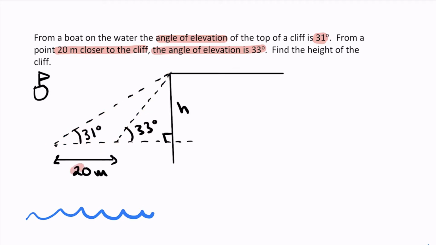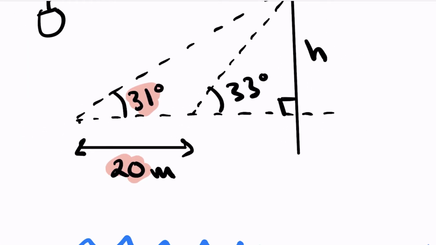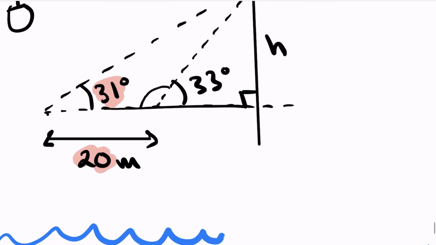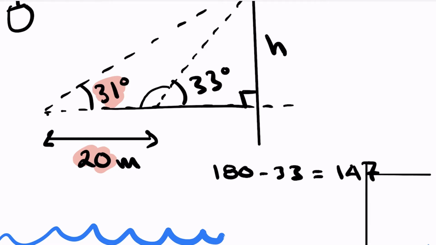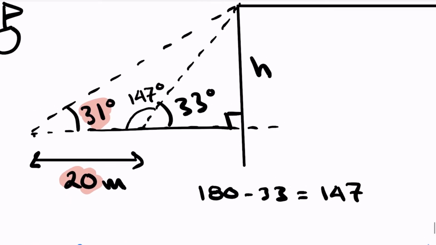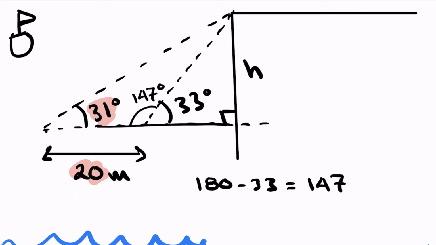I have that 20, I have that 31, and I also, let's zoom in here, have this angle here, because if you recall, a straight line is 180 degrees, so 180 minus 33 gives me 147. Let's put that there. Now I have even more information, because if that's 147, then I can find that third angle.